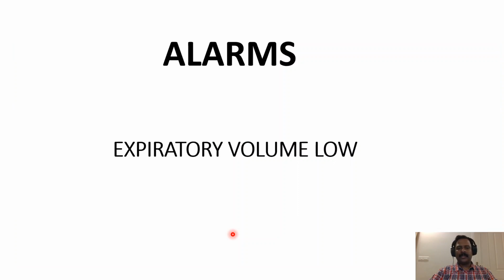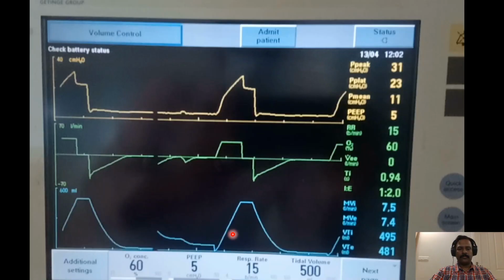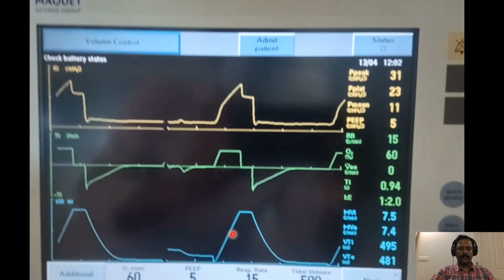So coming to the next alarm, this is the third alarm, a low expiratory volume, or the expiratory volume low. So I will show you a scenario.